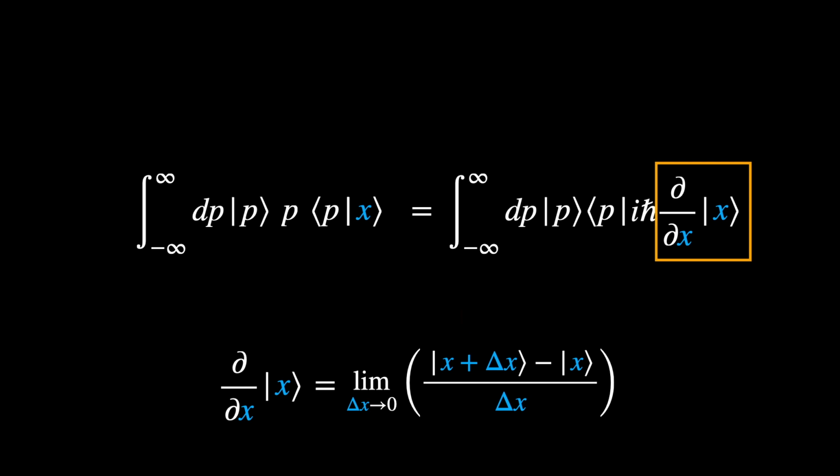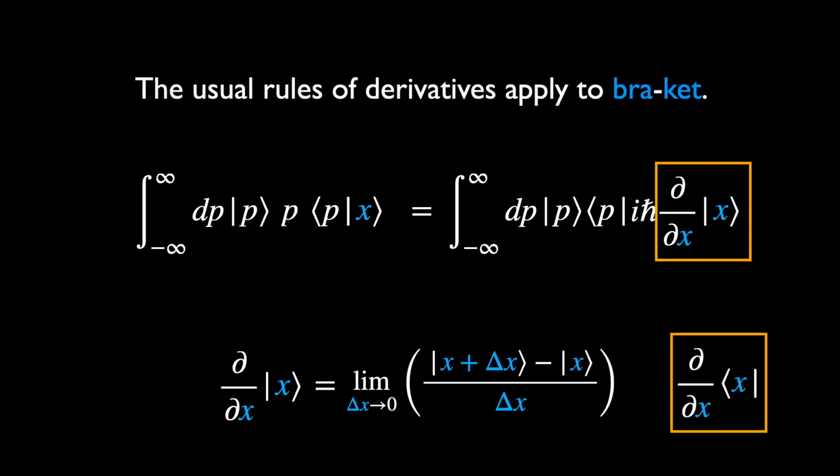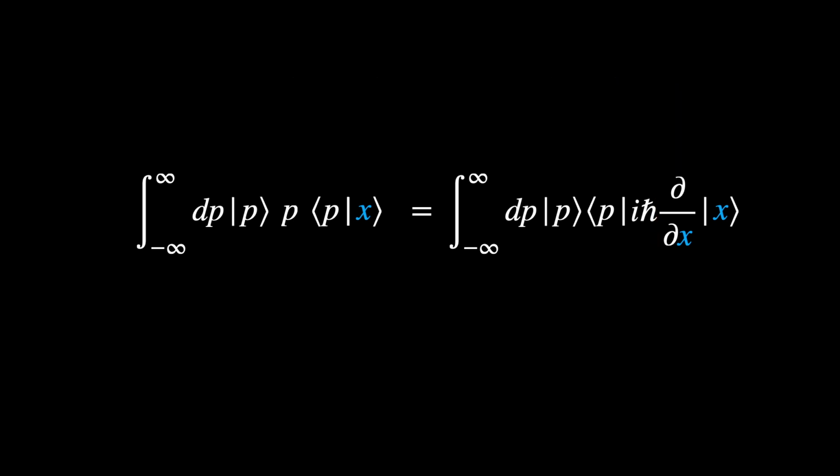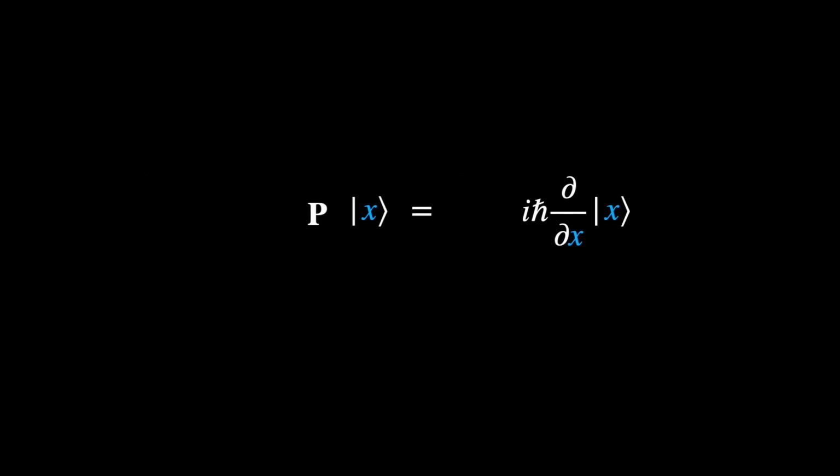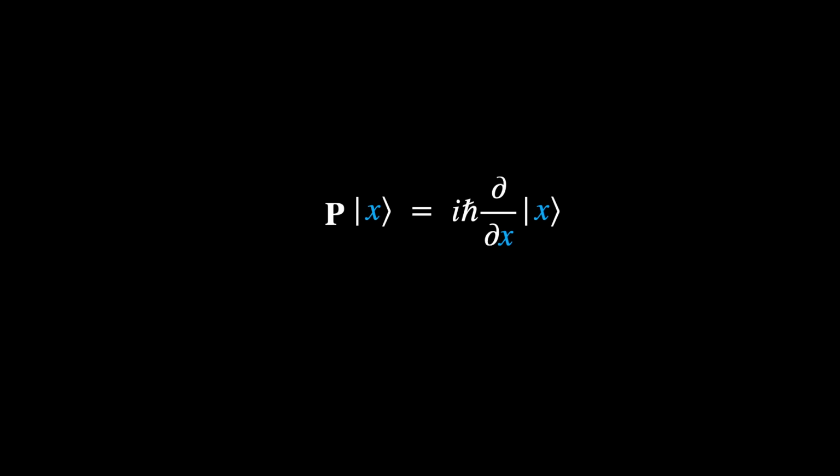The same rule applies to the derivative of the conjugated state as well. Next, we reassemble the integral of the ket bras of p into their respective operators. Therefore, we obtain the result that p acting on ket x is equal to taking a x derivative.